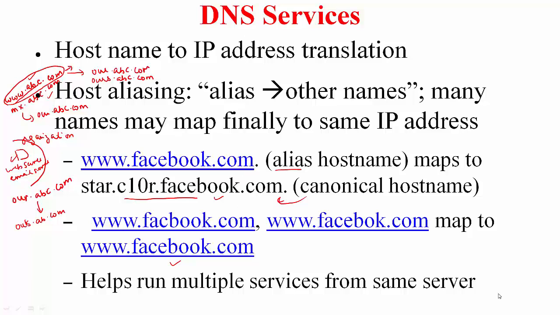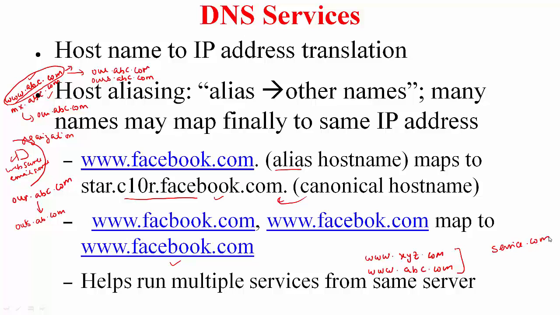There is another advantage of host aliasing. Suppose you are a small organization and this is your xyz.com, and there is another organization which is also small. Let me again call it abc.com. These organizations are so small that they don't want to run their own web server. So what they do is they buy the service from some other server that is hosting these web servers. Let us call it service.com.